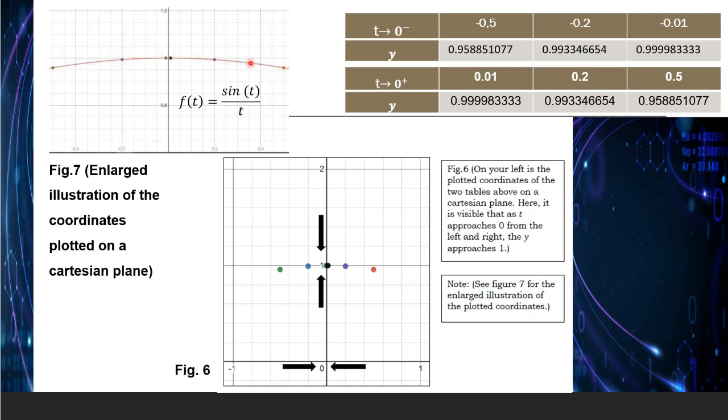So this is the graph of f of t equals sine t over t. And here in figure 6, you will notice that it is visible that as t approaches 0 from the left and from the right, the y approaches 1. Okay, here it approaches 1.